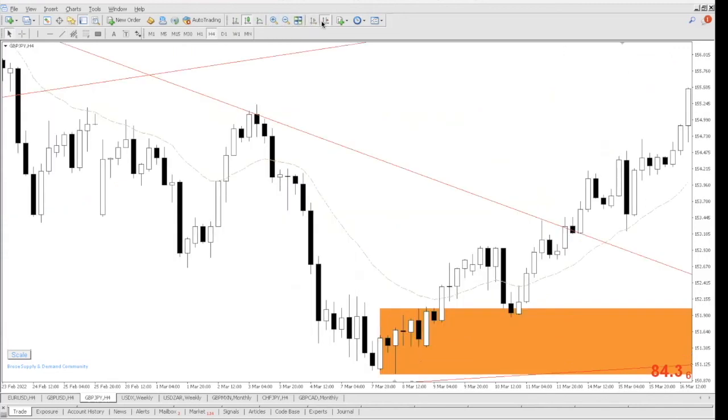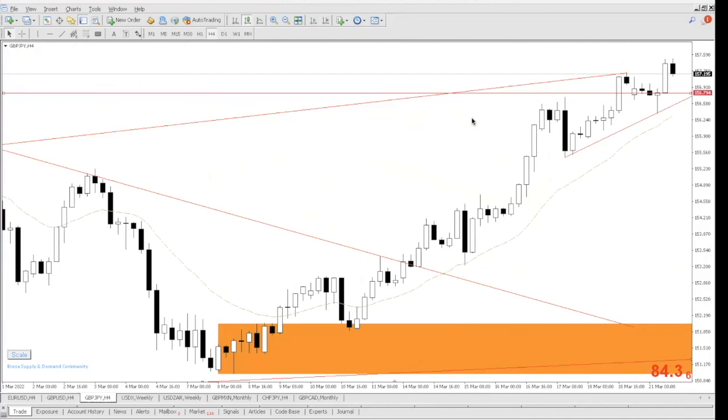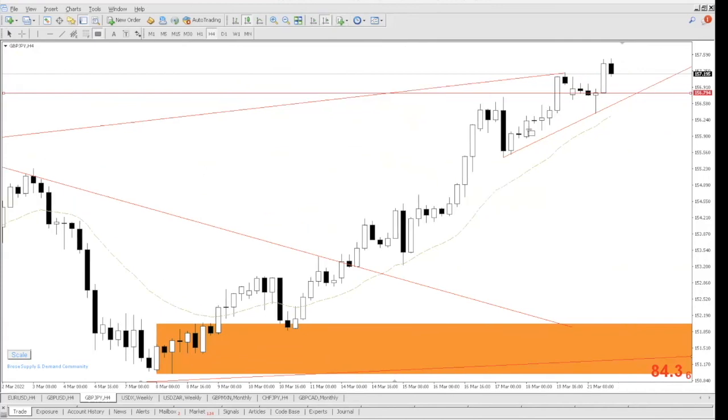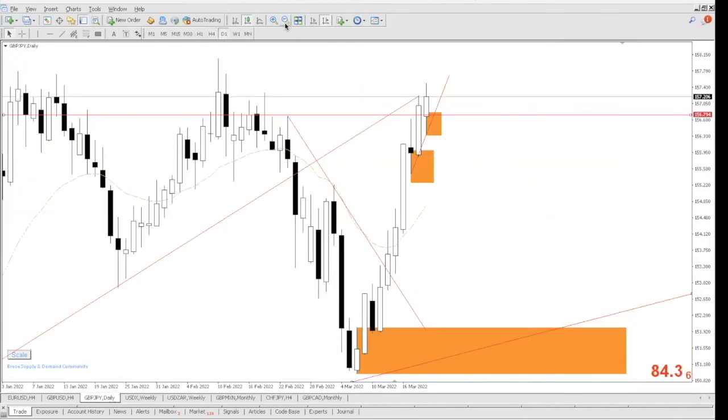So possible entry positions, entry points. 1, 2, okay?